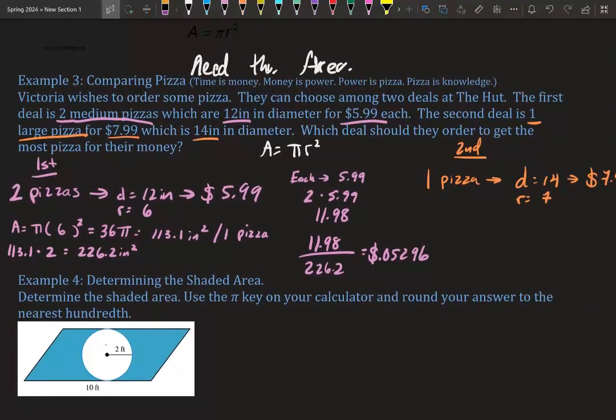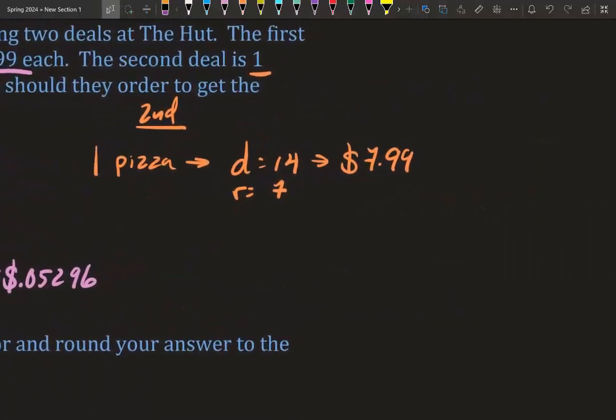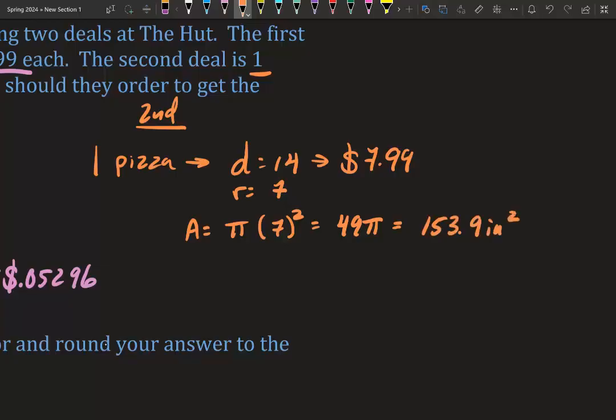Now we need to do the same thing with our second deal. Our second deal, we only have to buy one pizza. It has a diameter of 14, which is a radius of 7, and it costs $7.99. So we still need to find our area. So area equals pi times 7 squared. So that's 49 pi. 49 times pi, we get 153.9 inches squared.